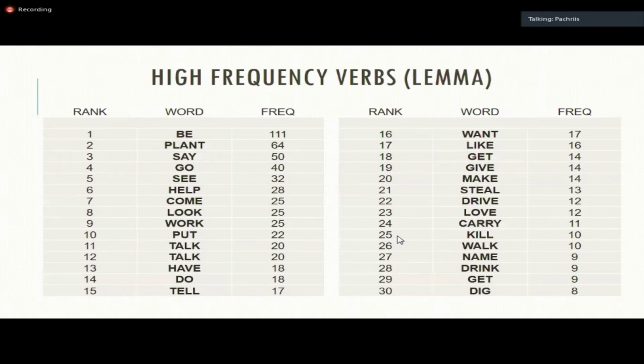So I transcribed the text and ran it through a concordance software called AntConc, and I basically used the root form of the word to determine the most frequent words in the sample.